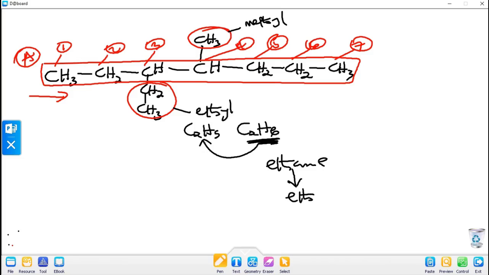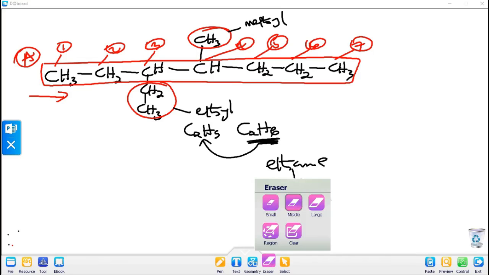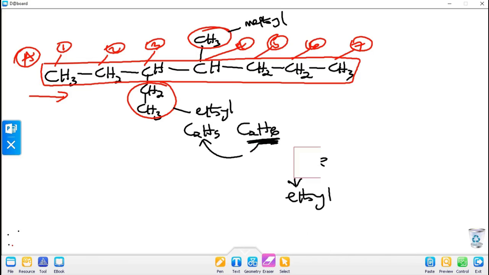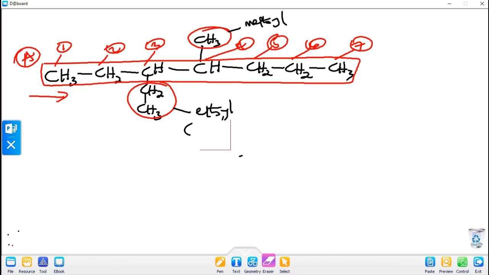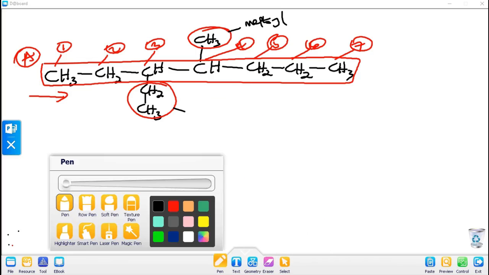Ethyl. So what we have here is ethyl. Having understood that vividly, let us now continue.